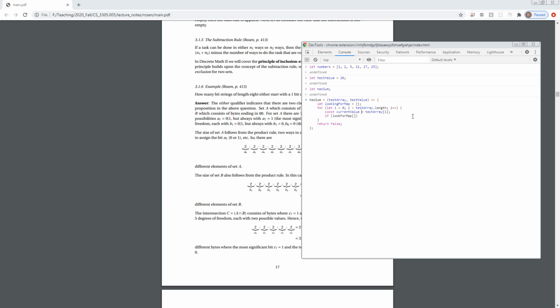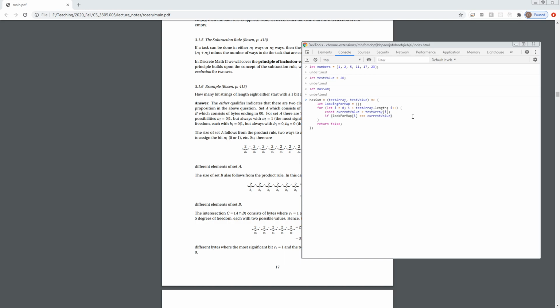So this is our current value, and so if our map contains the current value, if our map at the current index has a value that is exactly equal to current value, so not undefined and not something else.